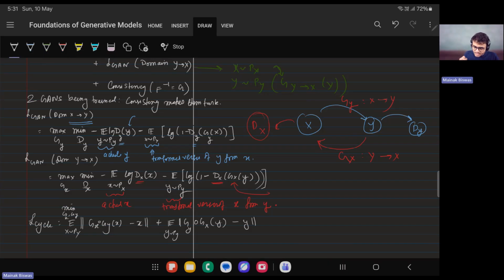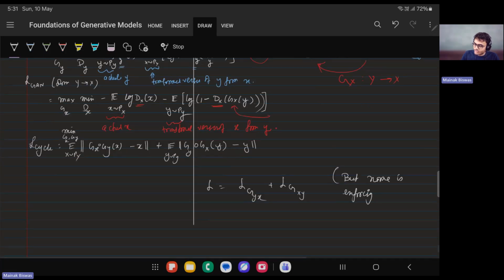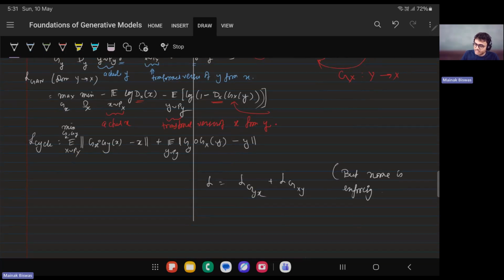Okay, so now I have these two GANs, but the problem is I can have loss as loss g1 plus loss g2, or gxy and gyx, but no one is enforcing reconstruction.